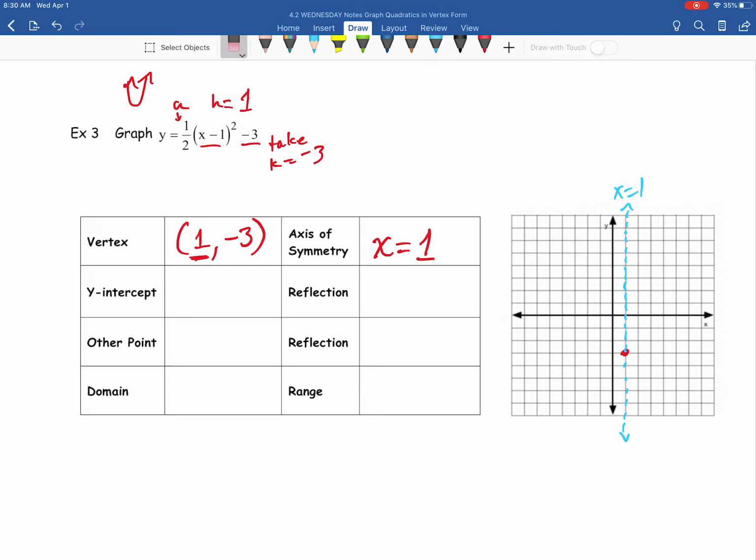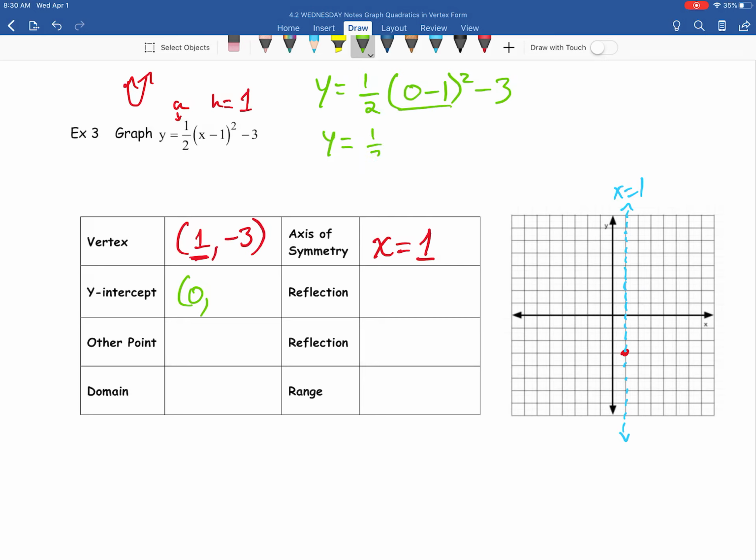Now we have to go ahead and determine what is our y-intercept. And to do that, we're always going to plug in 0 for the x value. And then we just have to determine what that in fact comes out to be. So we have y equals 1/2 times 0 minus 1 squared minus 3.